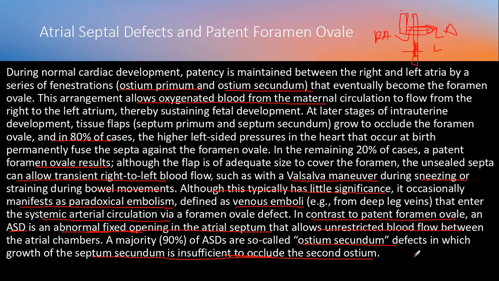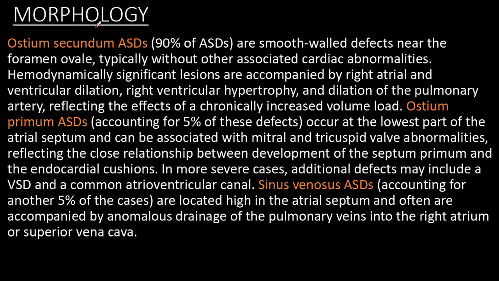I hope you understood that. If you didn't, maybe I can make a video on that. Now, let's look at the morphology of these ASDs. Ostium secundum ASDs form the majority, and they are smooth-walled defects near the foramen ovale, and they are typically not associated with other cardiac anomalies.